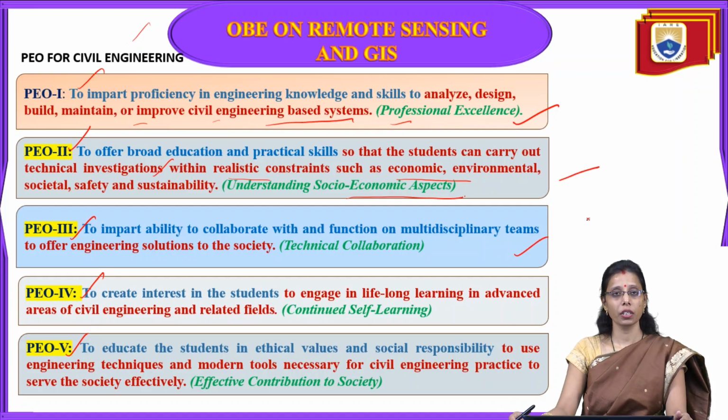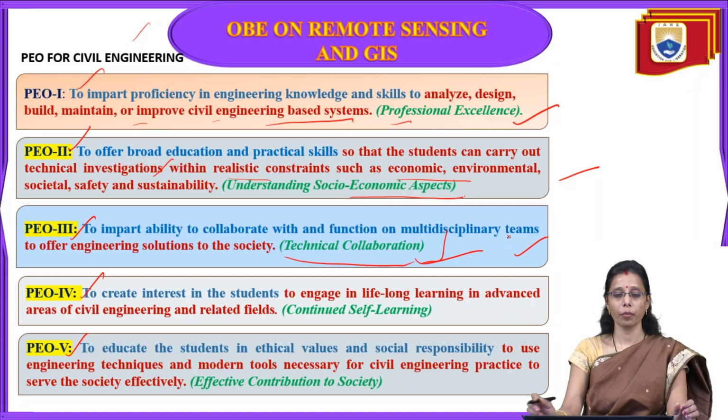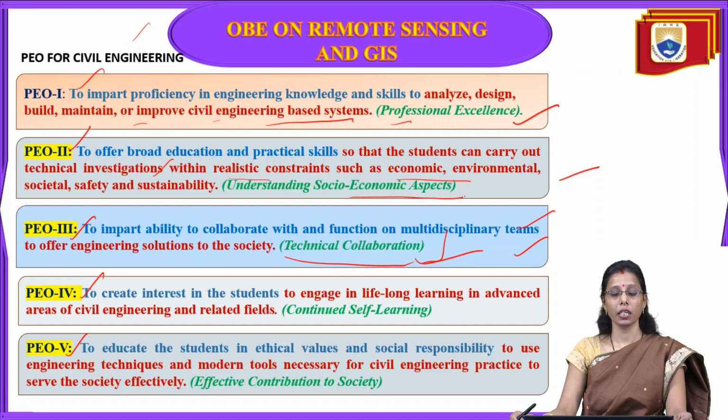Now coming to the third one. What is the third one here? It is to impart the ability to collaborate and function on multidisciplinary teams to offer engineering solutions to society. The base of this is technical collaboration.